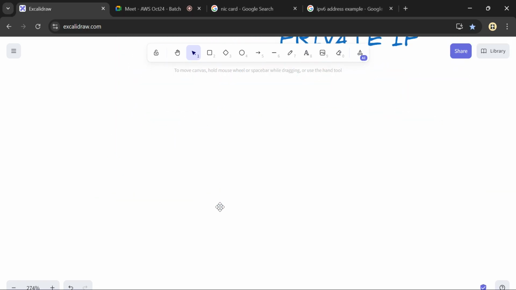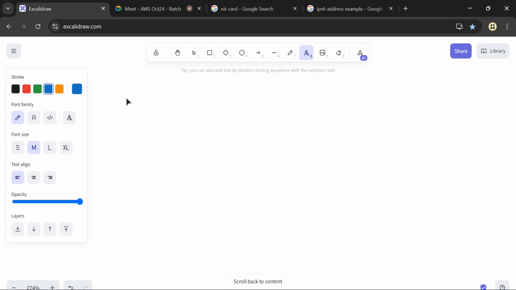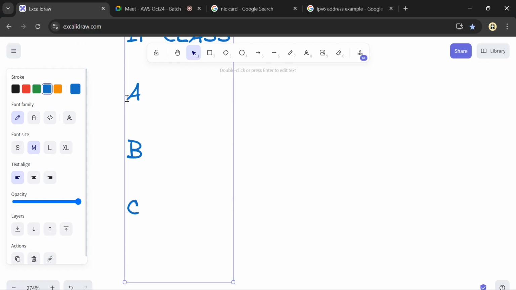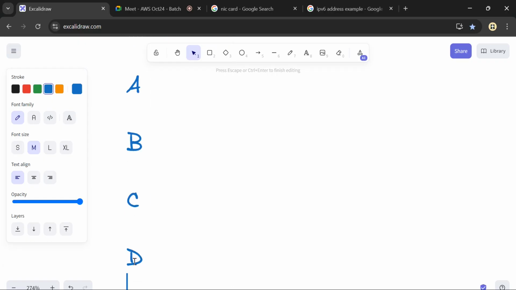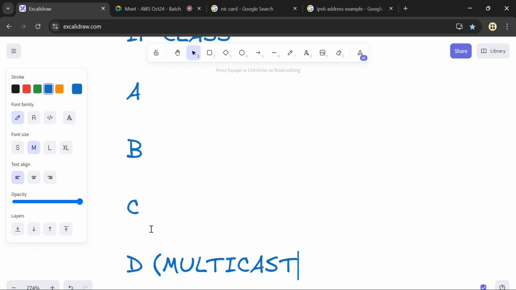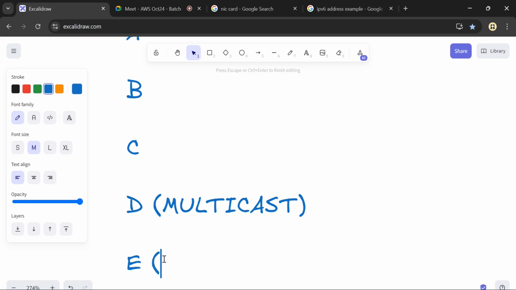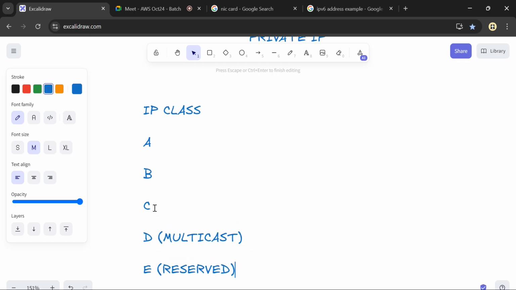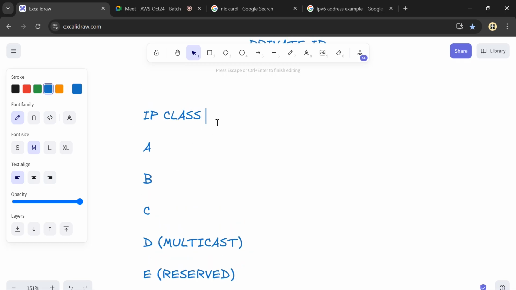Now, what are the different IP classes that we should be aware of? We have class A, then class B, then class C, then the reserved, multicast and reserved. In this we have the private IP, then we have the public IP.